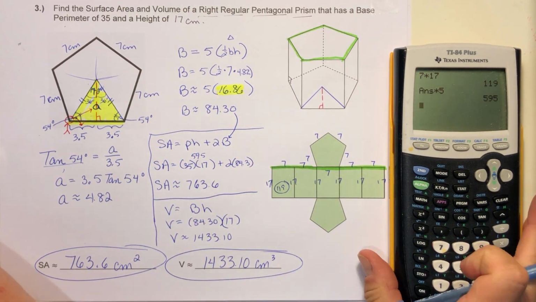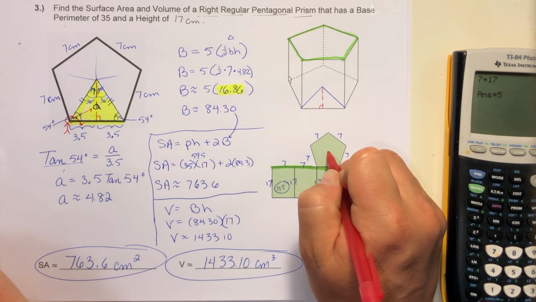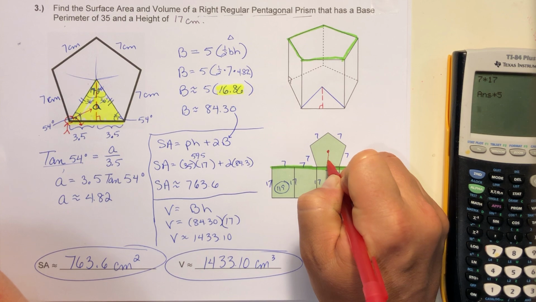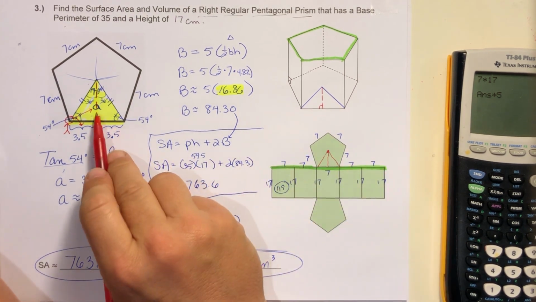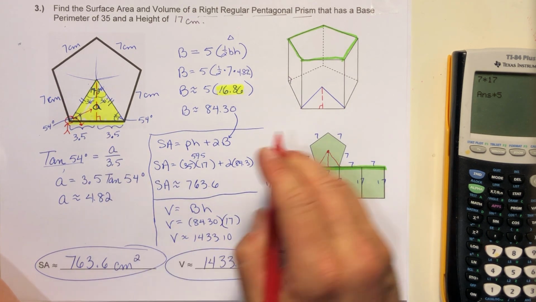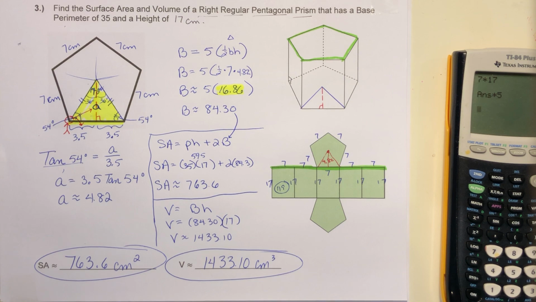And then finally, I just wanted to make sure that you guys understood that this length right here was our apothem, or basically just the height of that triangle, which we found to be about 4.82. So I think that wraps us all up, guys. We got our surface area and volume, and we practiced how to find the area of a regular pentagon.